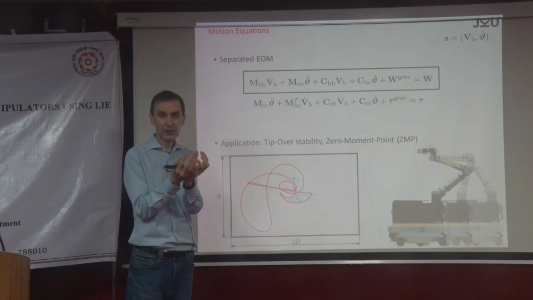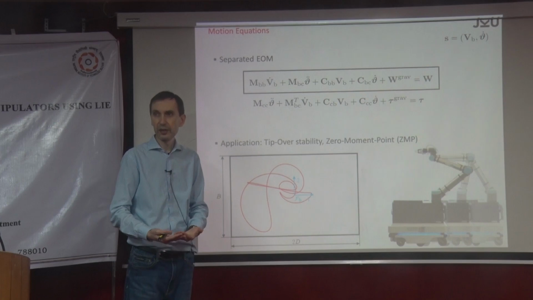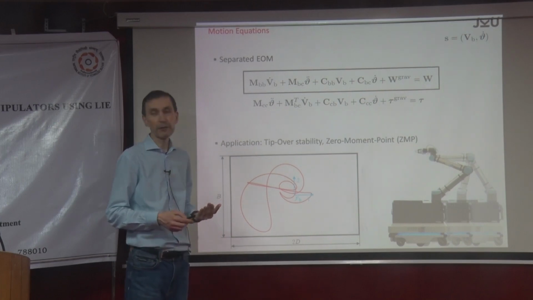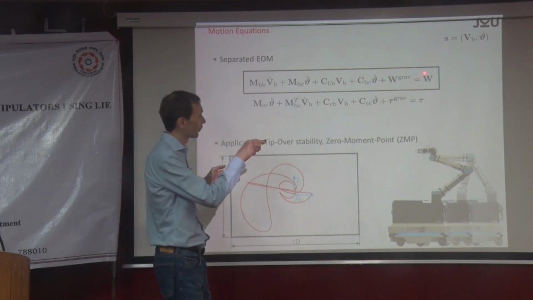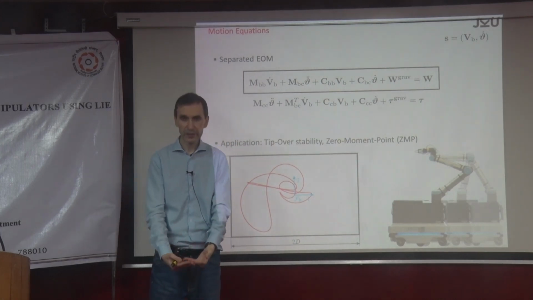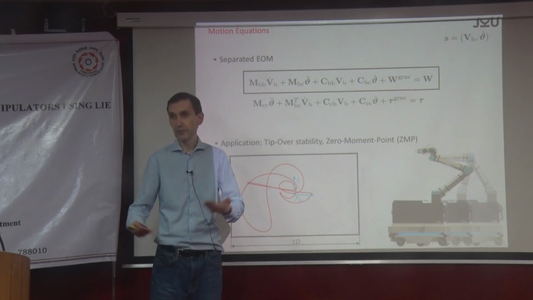This gives you the torque and the force, and gravity. What you get then is the wrench, that means the force and the torque, at the foundation of your robot, right? And that's an interesting thing.